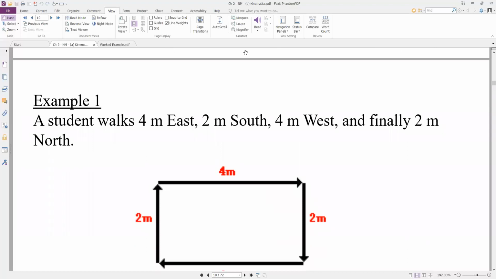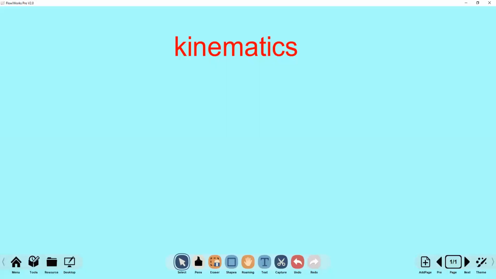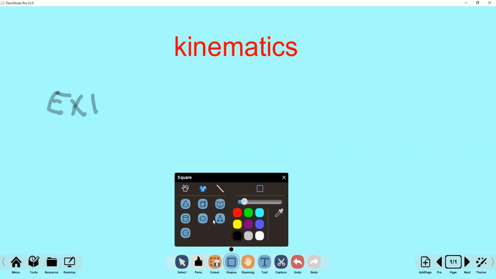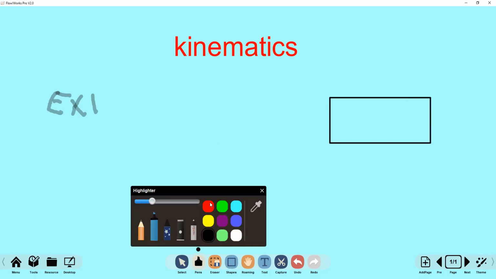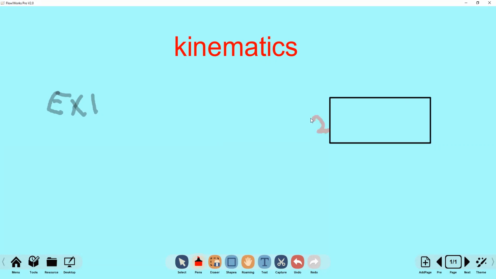Let's calculate. The shape is a rectangle. This side is 2 meters, this is 4 meters, this is again 2 meters, and this is again 4 meters.